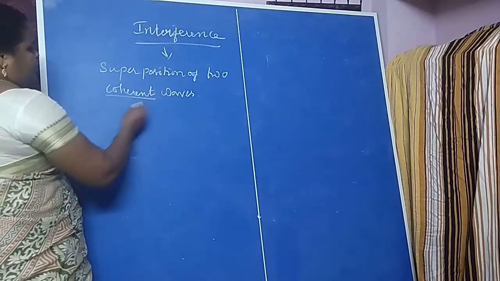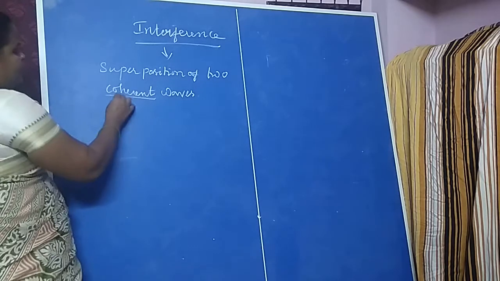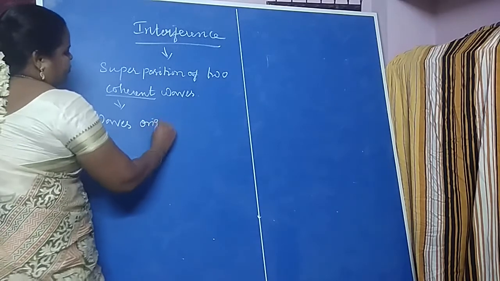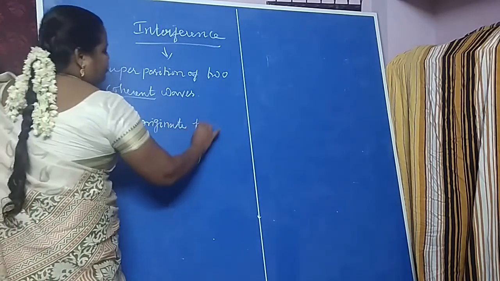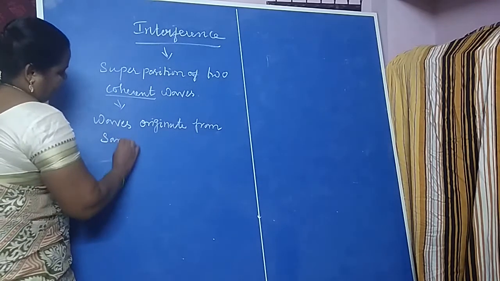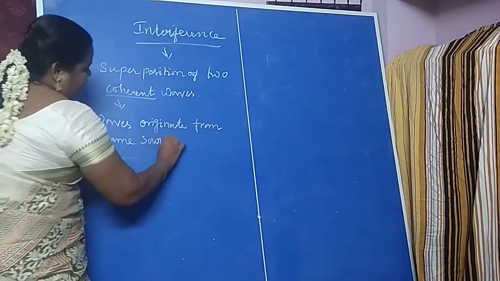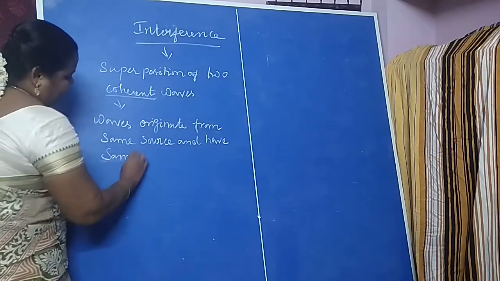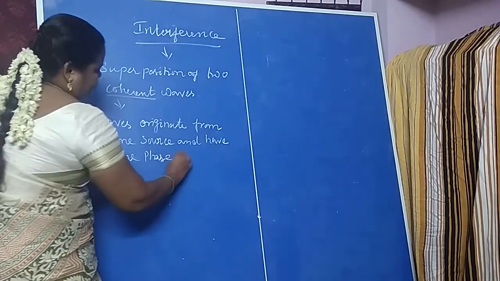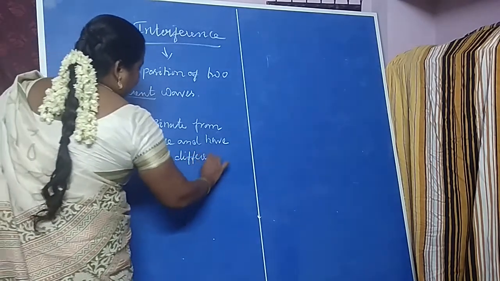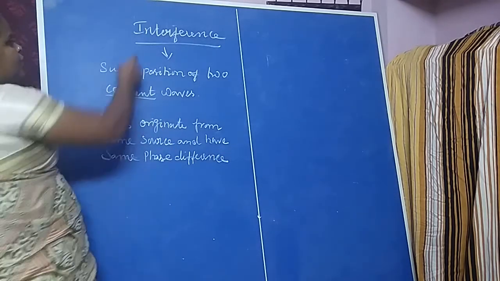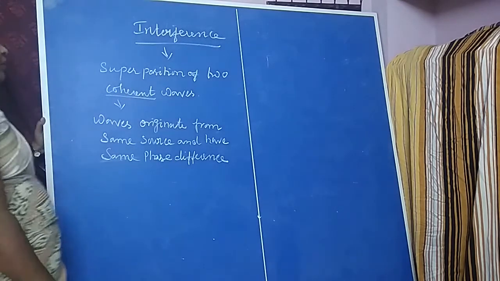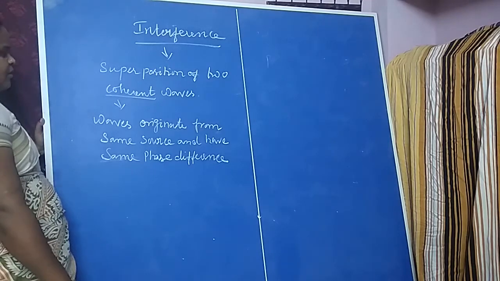Coherent wave means coherent source, that is, the waves originate from the same source and have the same phase difference. That is the coherent wave. In order to get the interference of two waves, the waves should be coherent. Then only we will get the interference.